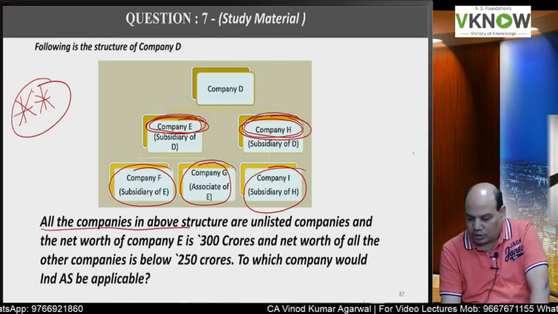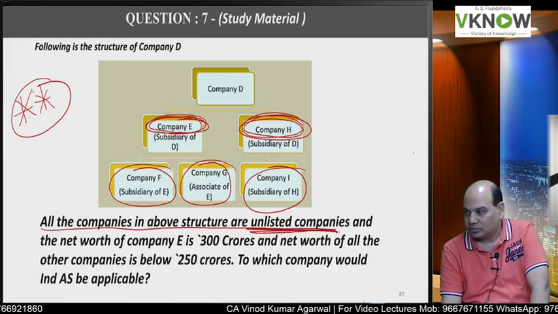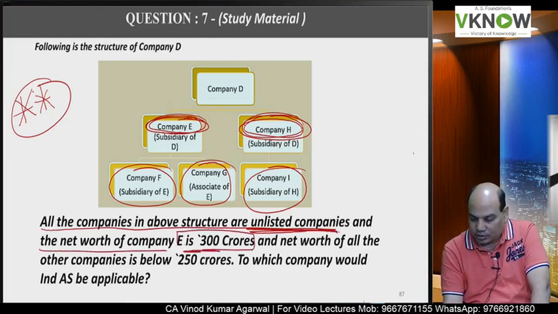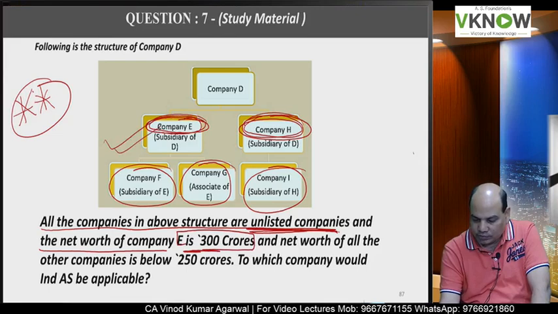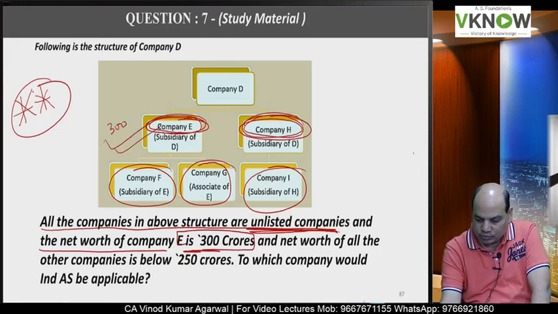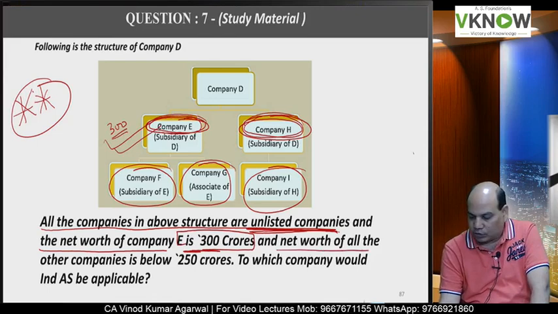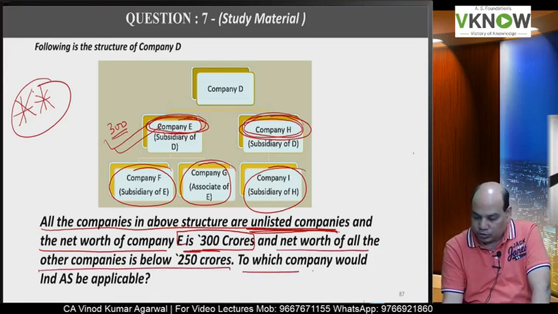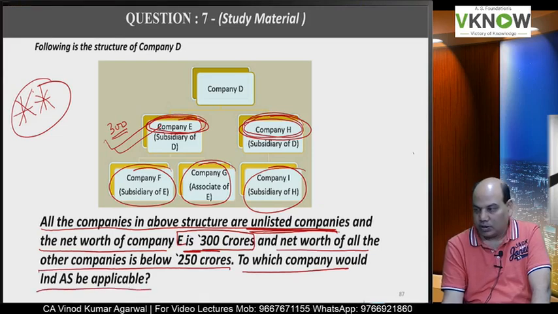All the companies in the above structure are unlisted companies, and the net worth of company E is 300 crore. So where is E? This is E. It is 300 crore, and the net worth of all other companies is below 250 crore. To which companies would Ind AS be applicable?